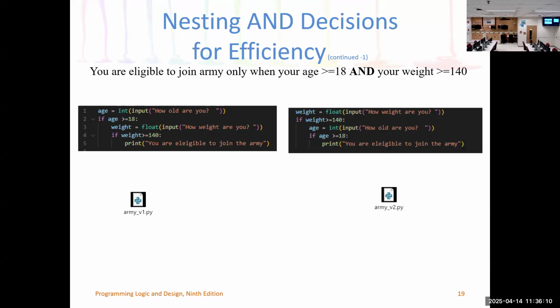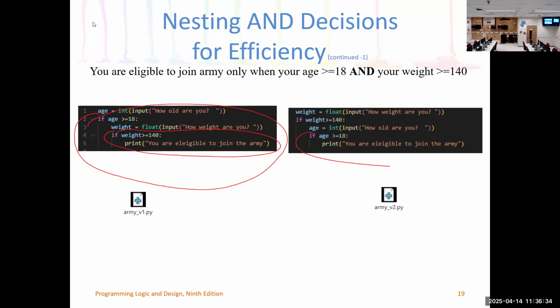But remember that in the case of nested AND logic, you should check the condition that is likely to be true first, to make it more efficient. So in the case of the nested AND decision, you see this one is totally nested into the other one.